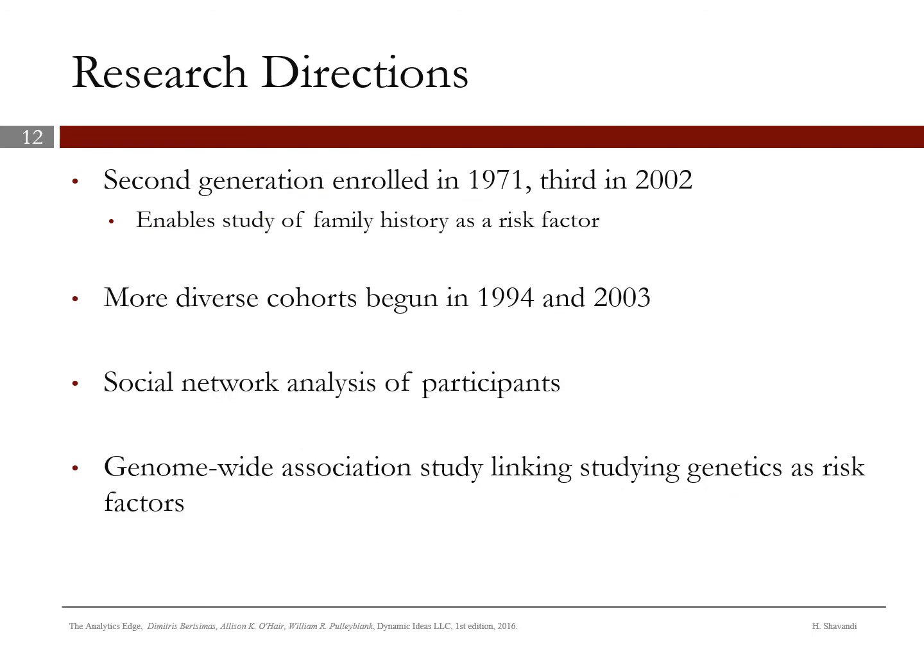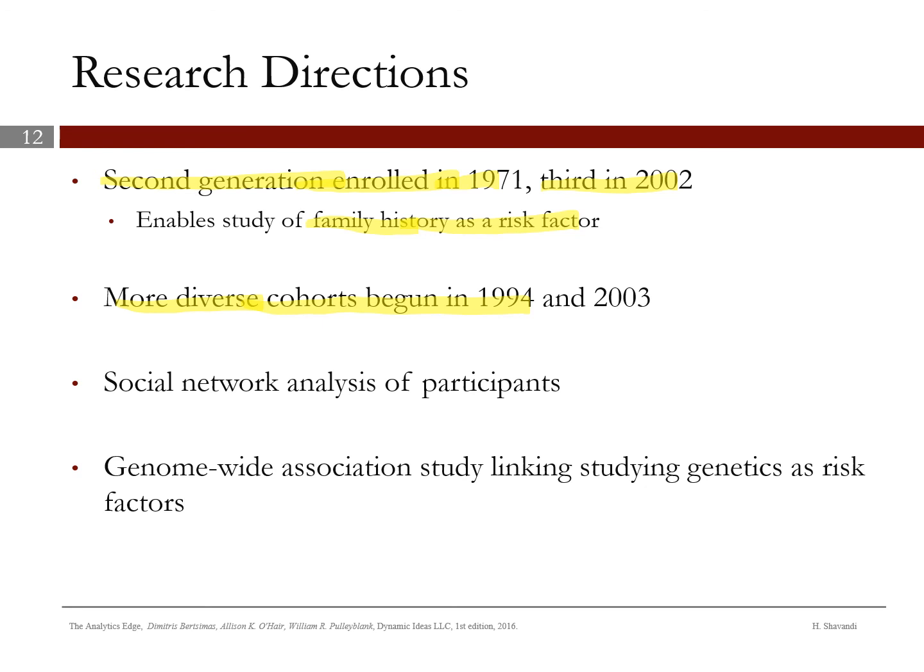So let's wrap up this case by looking at the current research directions of the Framingham Heart Study. The second generation enrolled in this program in 1971 and the third generation in 2002. This enables us to study family history as a risk factor to see if it's significant or not. Also, more diverse cohorts began in 1994 and 2003.